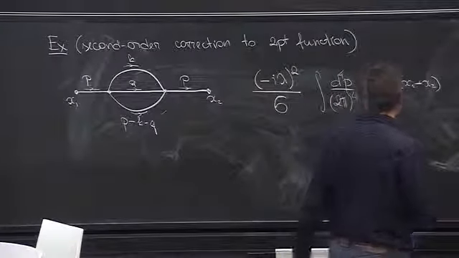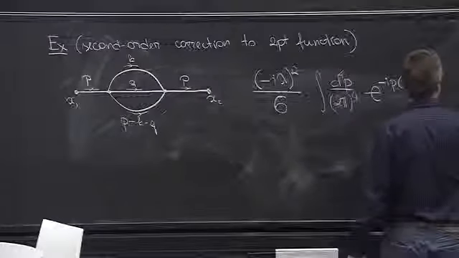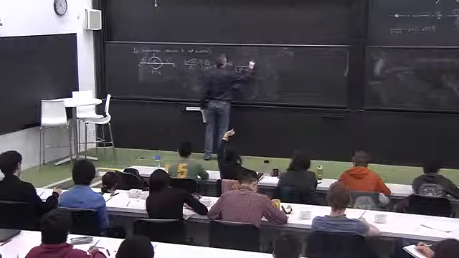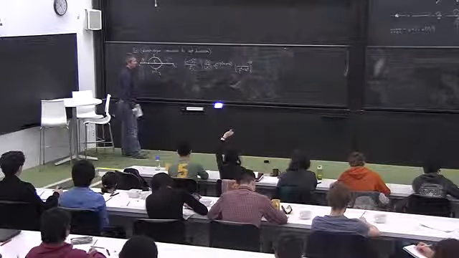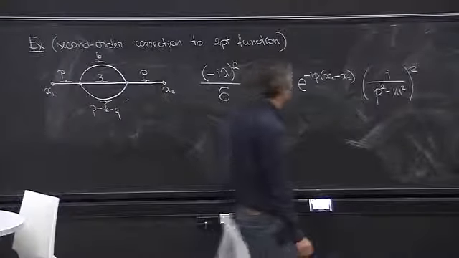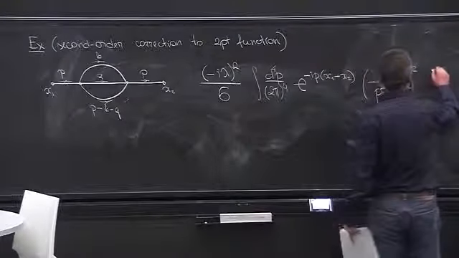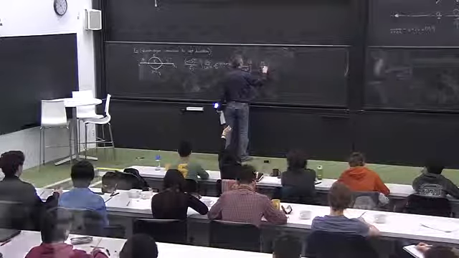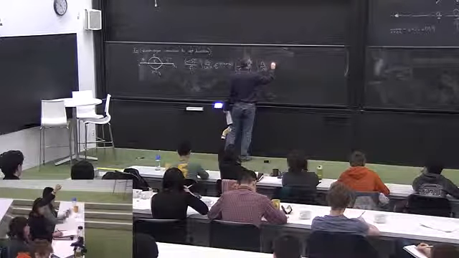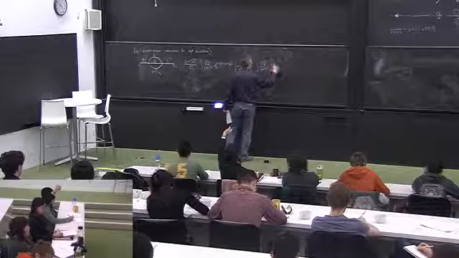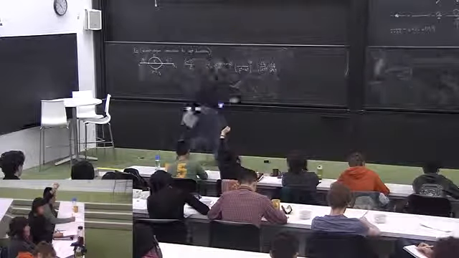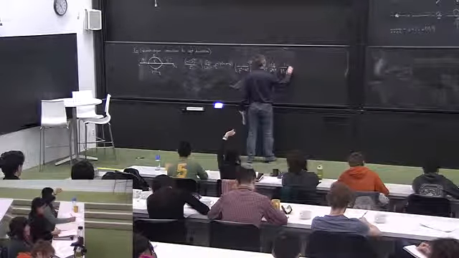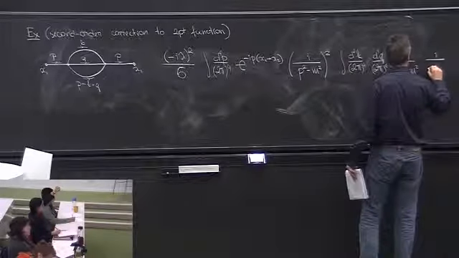And then the interesting part appears here. There are also two propagators with this momentum. So there is a factor of i divided by p squared minus m squared. And then there will be an integral over two momenta k and q. And we should multiply all propagators that appear here.